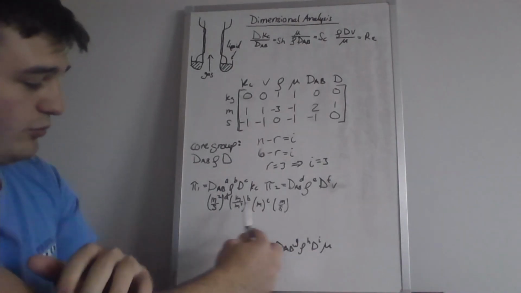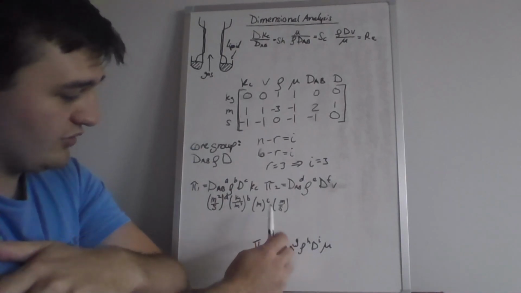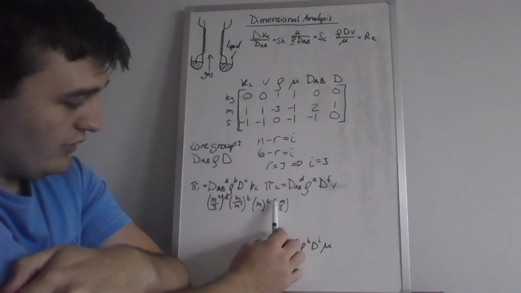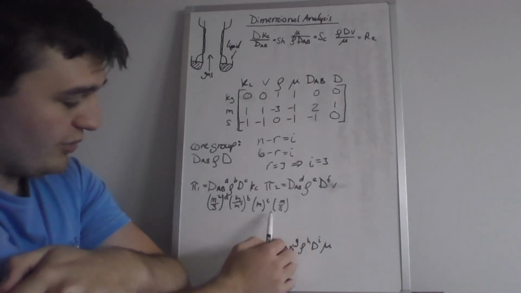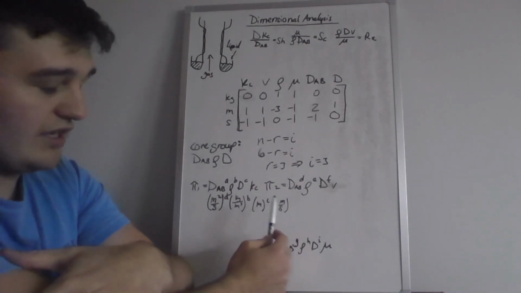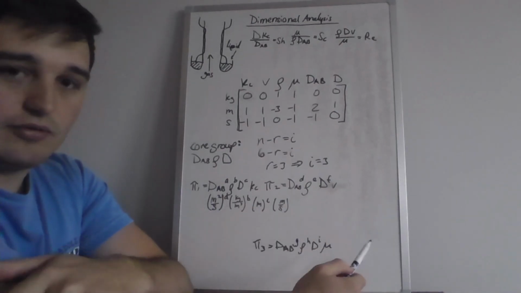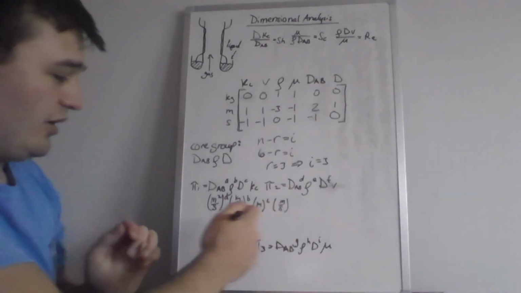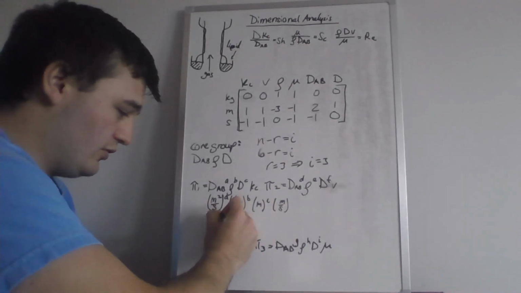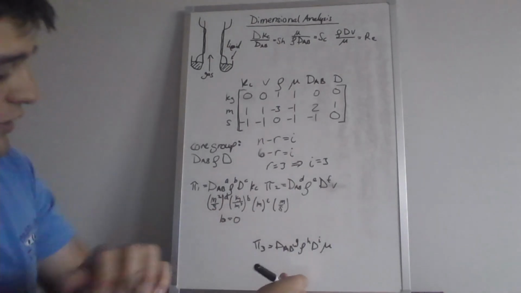Because if you look at this one, I can already see that B is going to be 0 because we need these three, the core group variables, to be the opposite of the meters per second. So we're going to need to end up with units of seconds over meters, and that doesn't involve any kilograms. So right off the bat, we can say that B is going to be equal to 0 because that gets rid of our kilogram component.